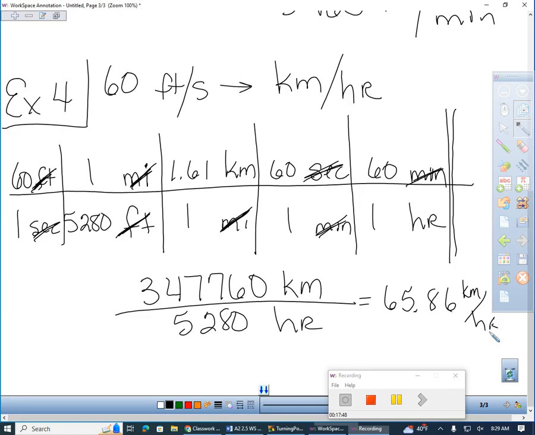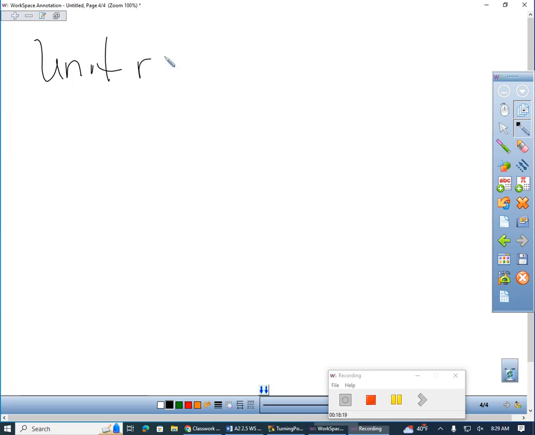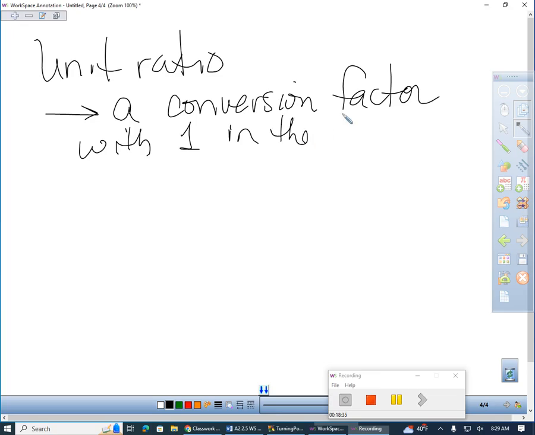Okay. Last thing I need to talk about is what we call a unit ratio. A unit ratio is simply a conversion factor with 1 in the denominator.